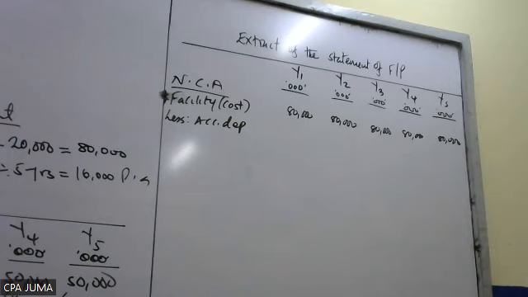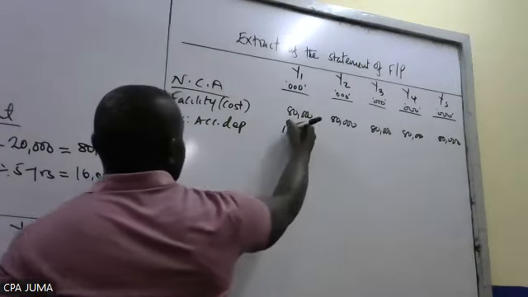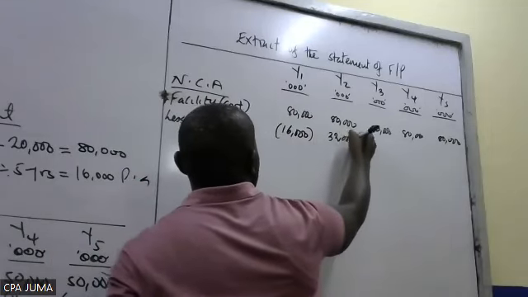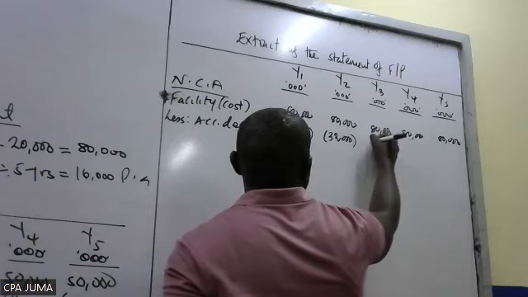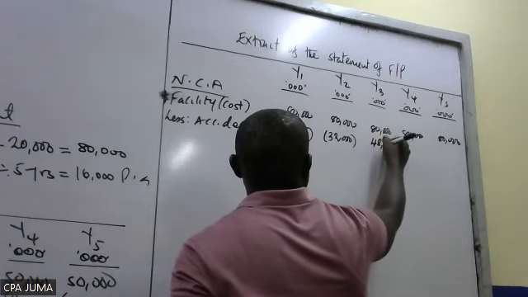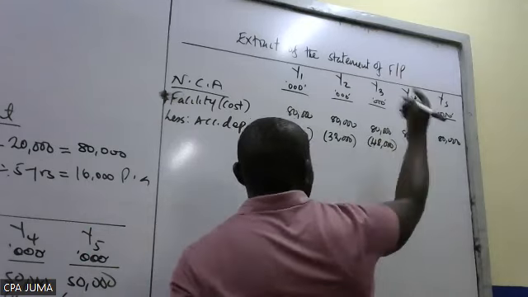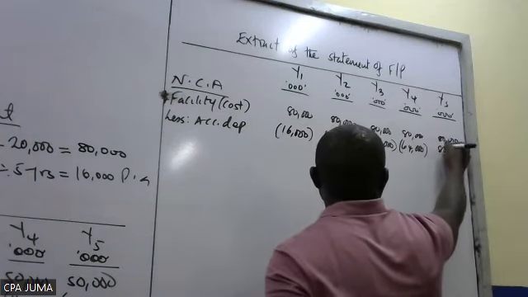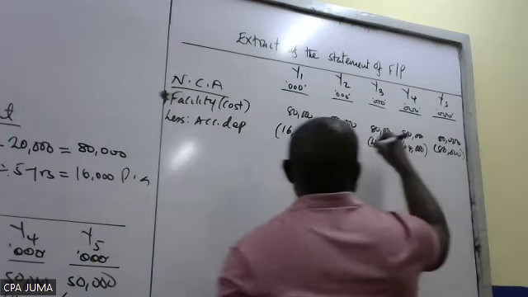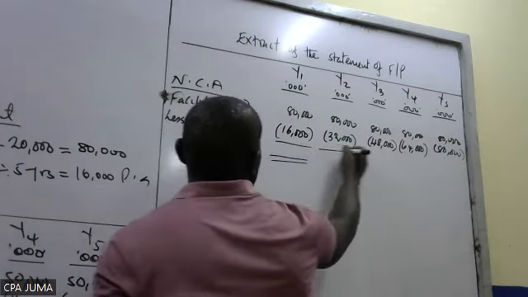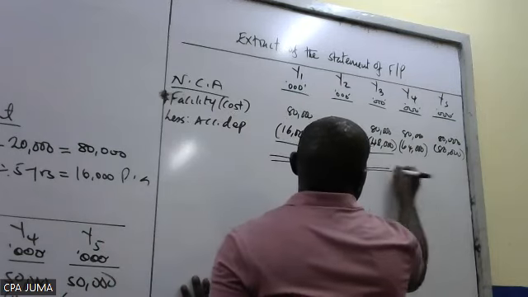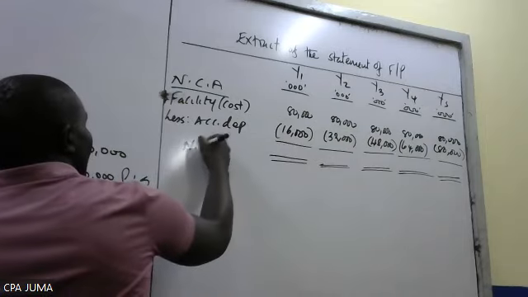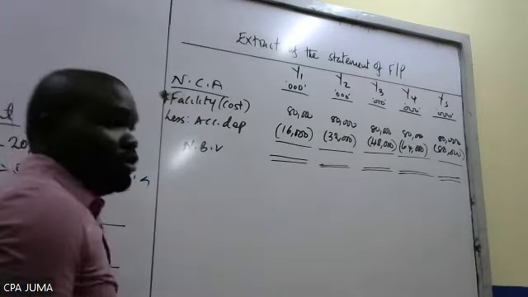I want you to help me to accumulate it. 16 plus that other one like that. So the first year, of course, is 16. Year 2 will be 32. Continue. 48. 48. 64. 80. So net book value, you subtract.